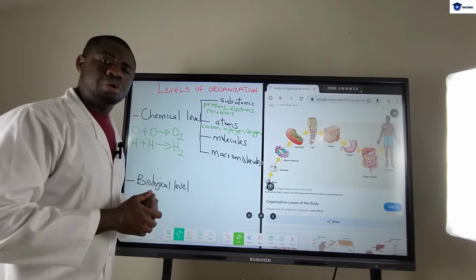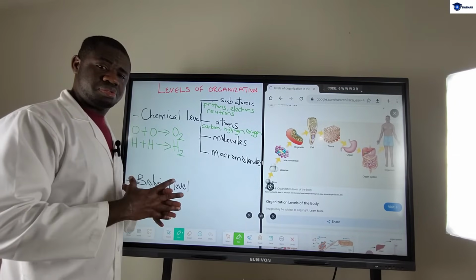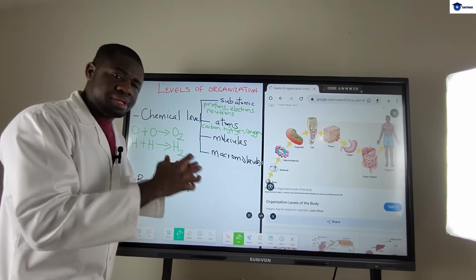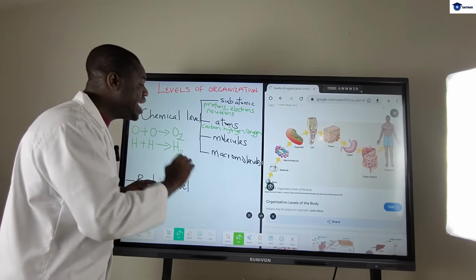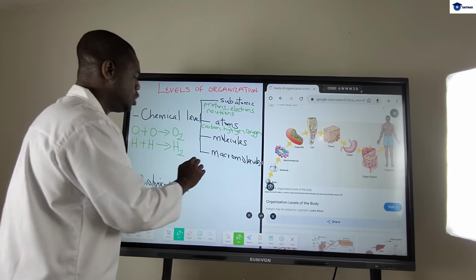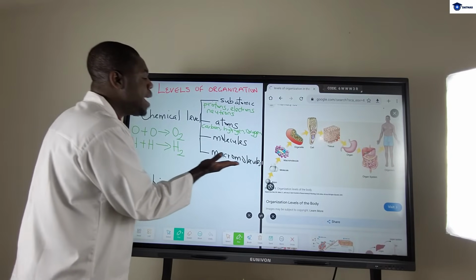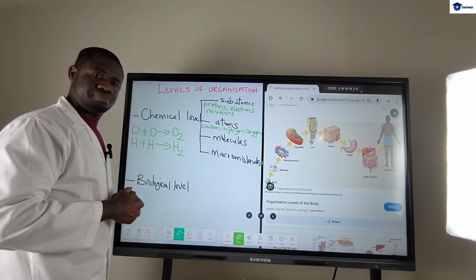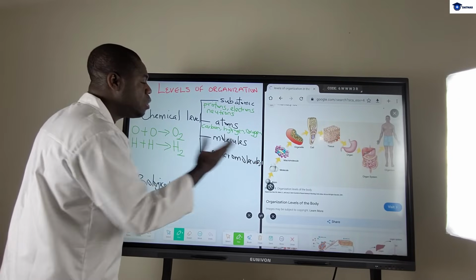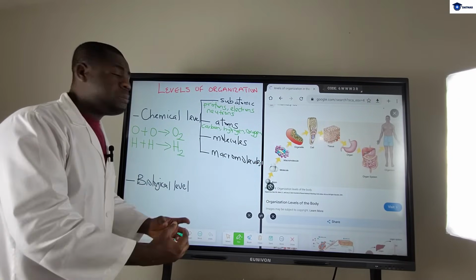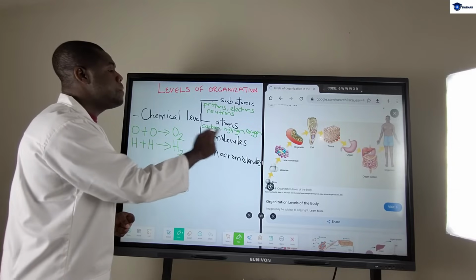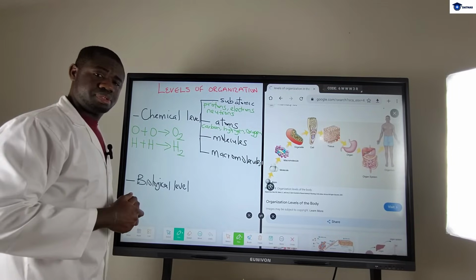Molecules, two or more molecules, come together to form larger molecules, which we call the macromolecules. The macromolecules are made up of two or more molecules.